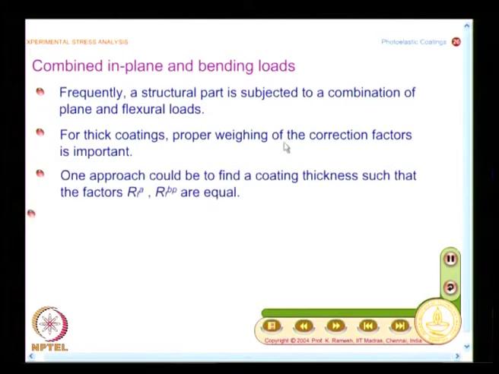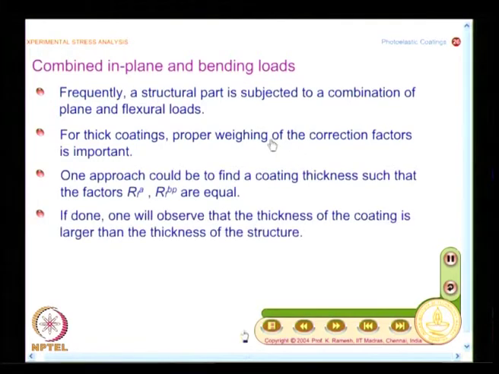And this is also discussed. These are all to show what kind of contradictions that we may have to face. You will have in general combined loads. I have a combined in plane and bending loads. For thick coatings, proper weighing of the correction factors is important, and one of the approaches could be to find a coating thickness such that the axial load correction factor and bending load correction factor are equal.